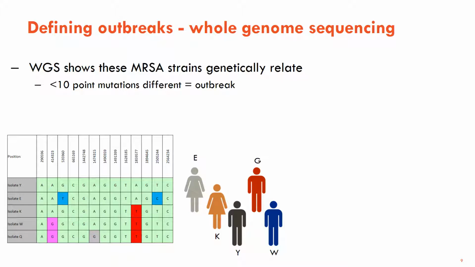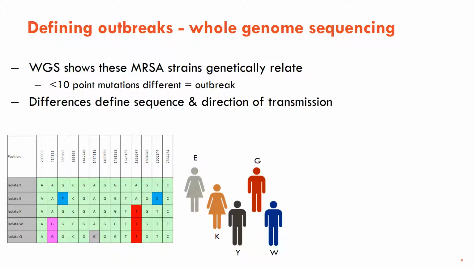Isolates E and K have each arisen independently from isolate Y by acquiring 2 and 1 mutation respectively. Isolate E hasn't spread to any of the others in this group, but isolate K, as you can see, by picking up another mutation, has spread to become isolate W, which in turn has picked up a third mutation to become isolate G. By showing these relatively minor differences, we can map the spread of MRSA from one person to another.